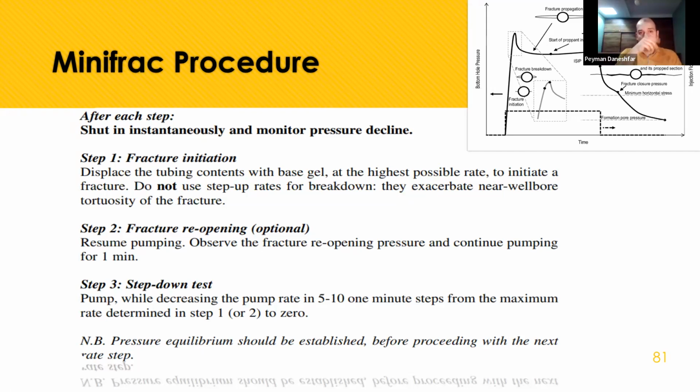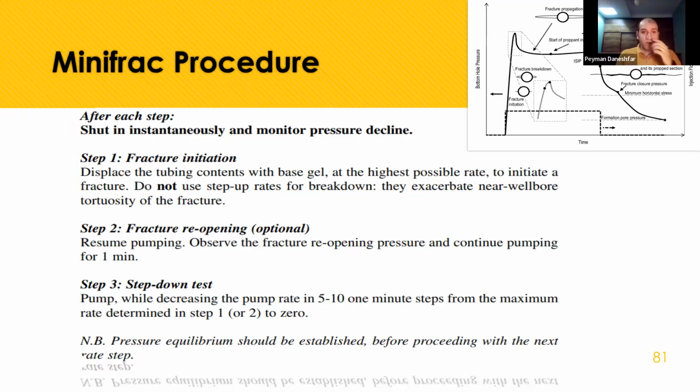We pump a base gel or pad slurry. And another one, you check whether the fracture is reopening, pumping at a constant rate, because you cannot increase the rate gradually; you should have a constant rate in a Mini-frac test procedure.